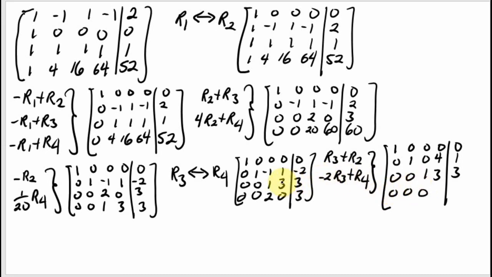Here we get negative 6 plus 0 is negative 6. And then we get negative 6 plus 3 is negative 3. Now for that last row, we can go ahead and just divide by that negative 6. So negative 1/6 times row 4.